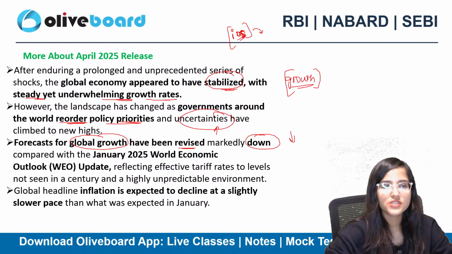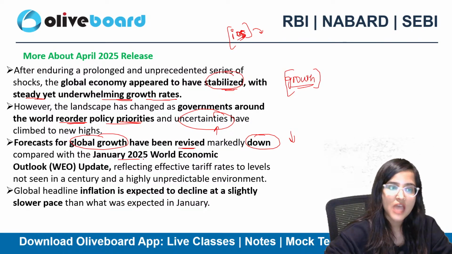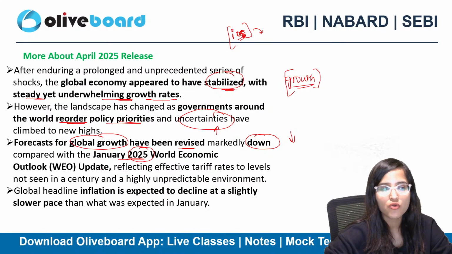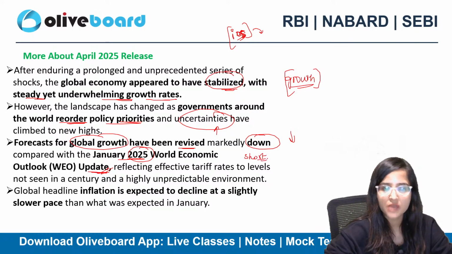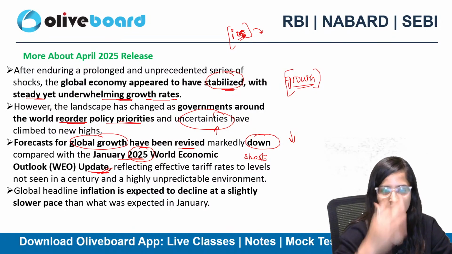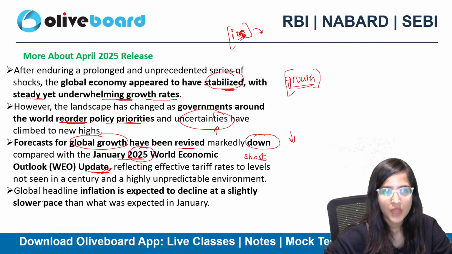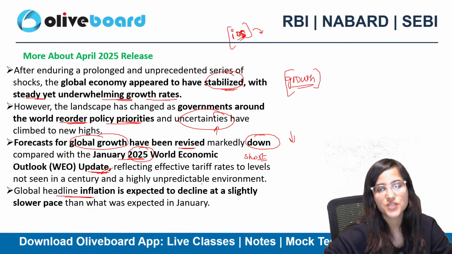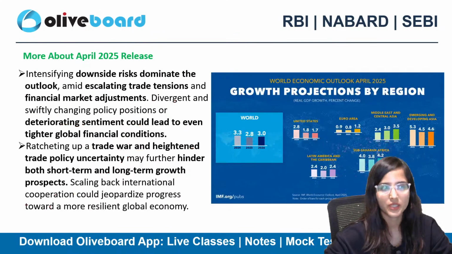Fine. So growth rates have been revised down compared with the January 2025 World Economic Outlook update. I told you that short updates are available in January and July as well, right? So from that update, we have revised our growth rates down. Global headline inflation is also expected to decline at a slightly lower pace than what was expected in January.